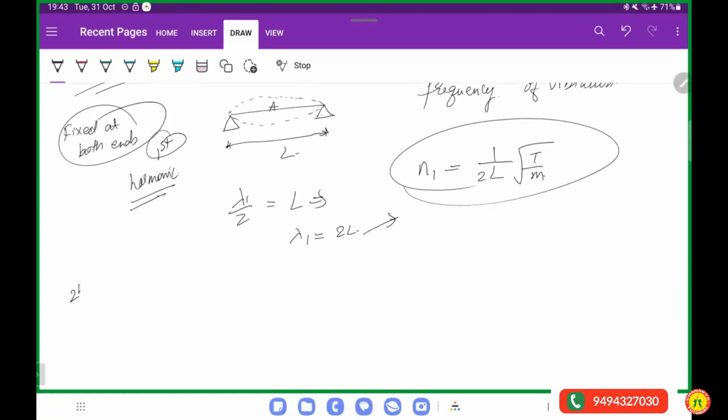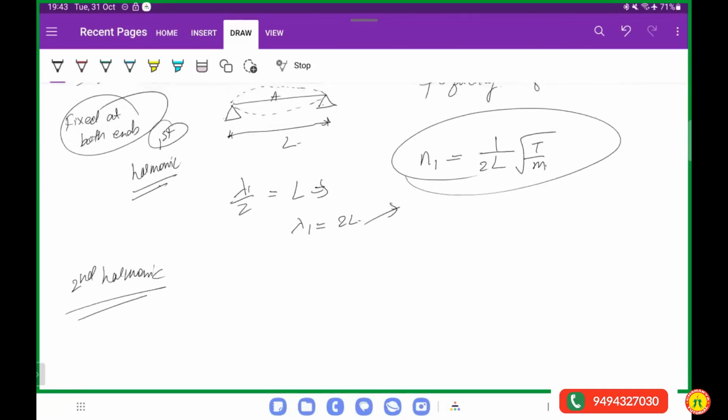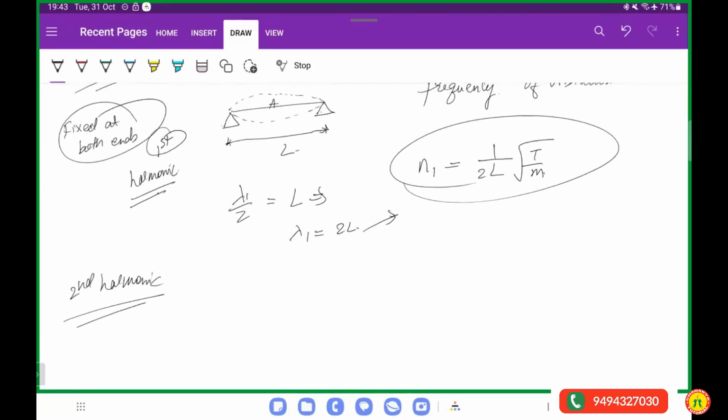Now, second harmonic. I will draw this time properly.